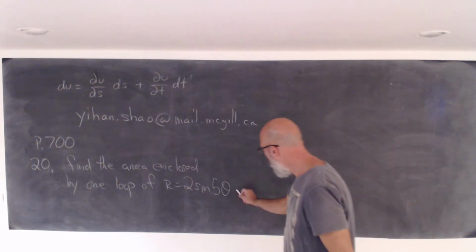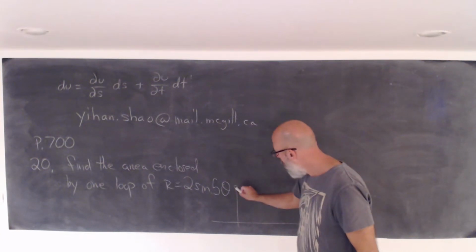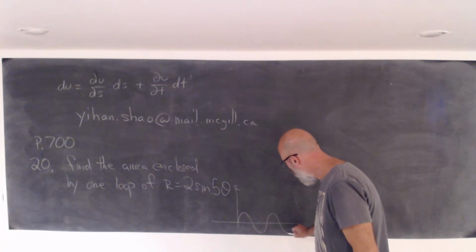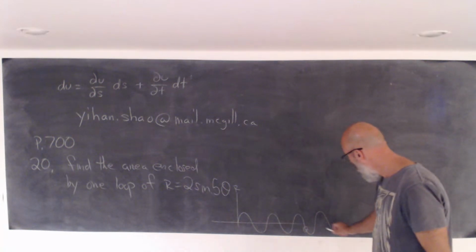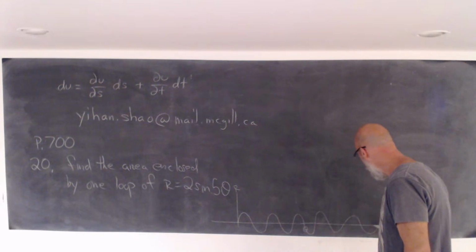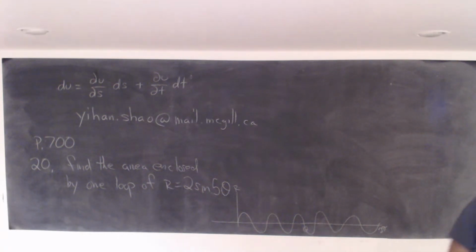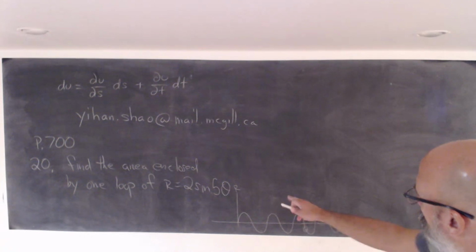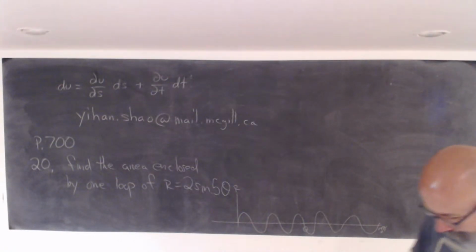Of course, in the r theta plane, this is just the sine graph, but it goes 5 times faster, right?